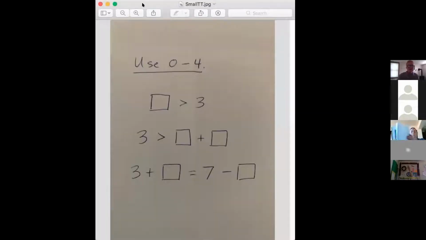Okay, so as Dave mentioned earlier, we could make an easier puzzle. So this one just requires 0 through 4. So 0, 1, 2, 3, 4. Is there a place that we should start?